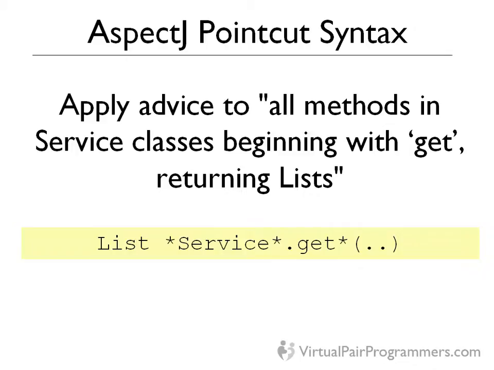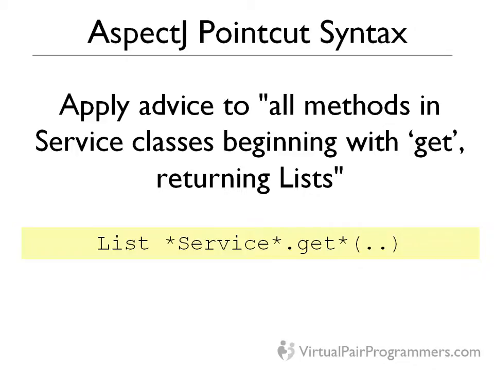So I've made the change here at the front of the point cut where specifying the return type of the matching method. So in this case, if a target method in a service class is a void method or returns an integer, then the advice would not be applied. We're only going to apply the advice to methods that return lists. Now, often, probably most of the time, you don't care what the return type of the target method is.